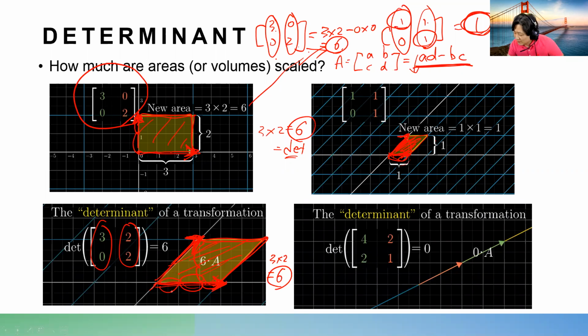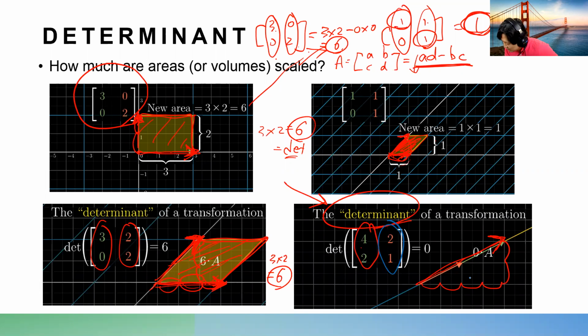And one more thing about determinant. This is important because this concept is applied to eigenvectors and eigenvalues later. In this case, we have a vector 4, 2, and then we have another vector 2, 1.